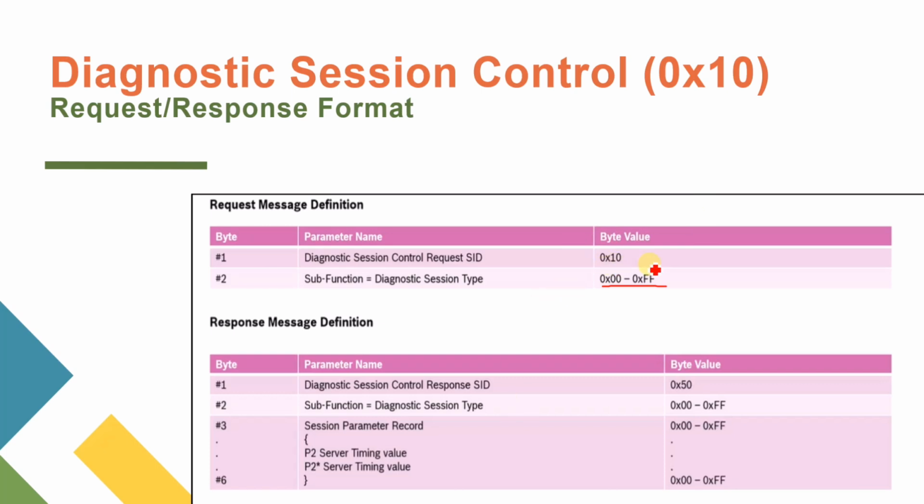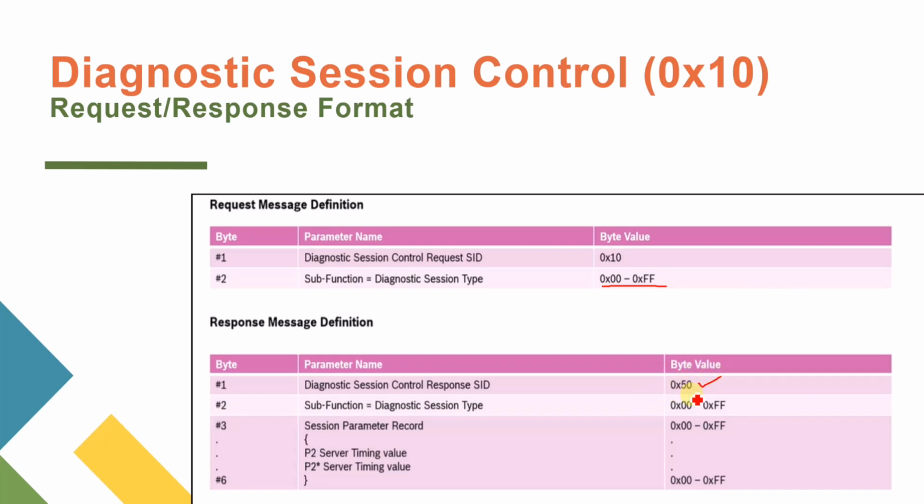Then how will we receive the response message? The response message looks like this. The first byte will be the diagnostic session control SID plus 0x40. 40 will be added, then it becomes 50. 50 means positive response: whatever I requested, the server has done the task and is giving me a positive response.